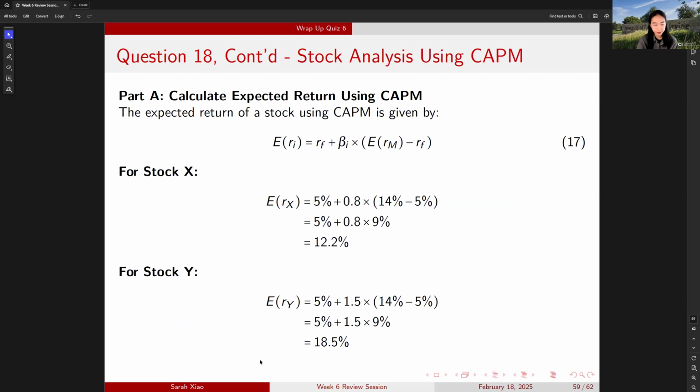So in part A, we want to calculate the expected return using CAPM. The formula is the same. We've seen this several times.